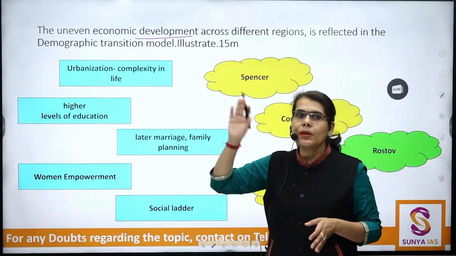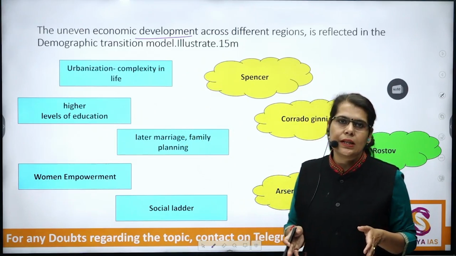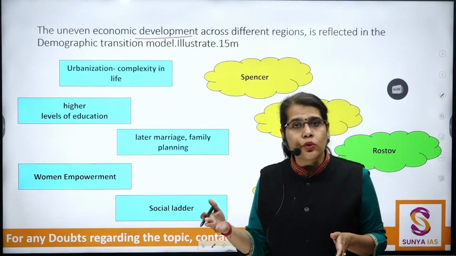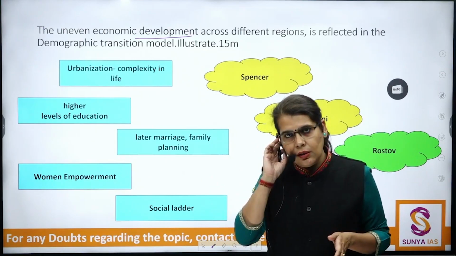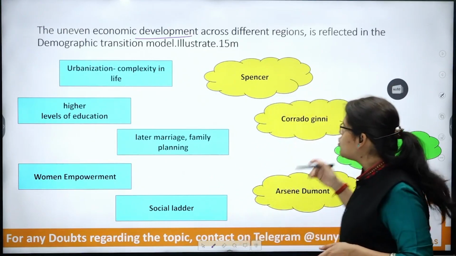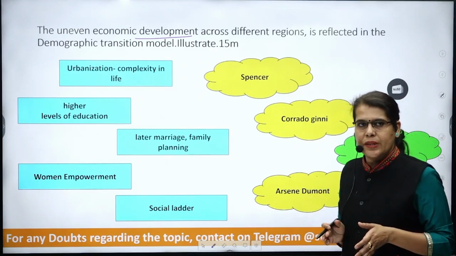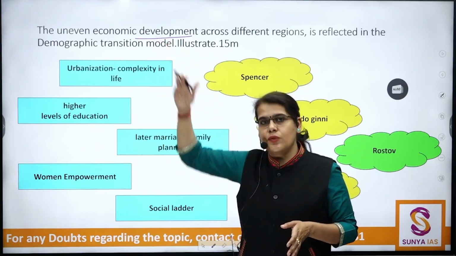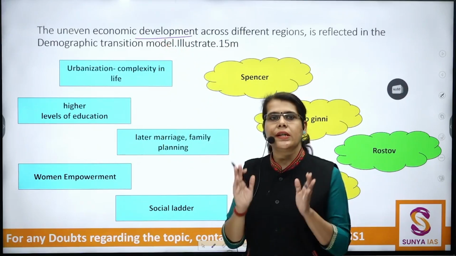So for example, urbanization and complexity in life. So will complexity in life lead to a decline in fecundity? Yes. So hence we talk about Spencer, and we can associate this with the fourth stage of the DTM. I hope you are getting the point.